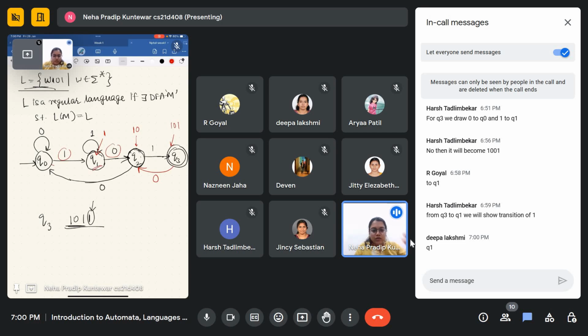So if you see a 1, you go to Q1. And the idea about dead states, we don't have any dead state here, but I hope it's clear to you all. If not, you can ask.